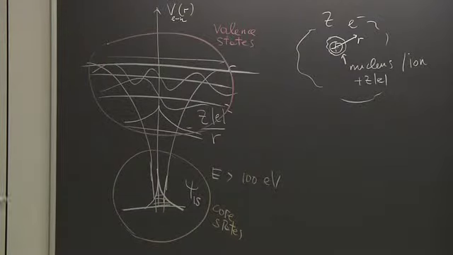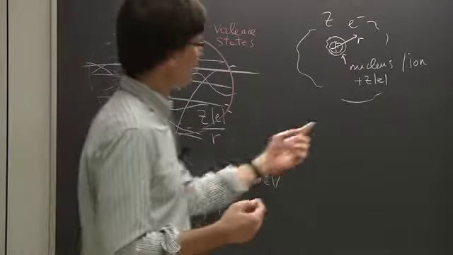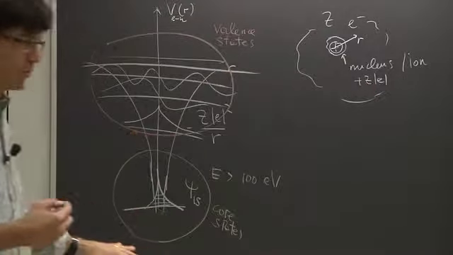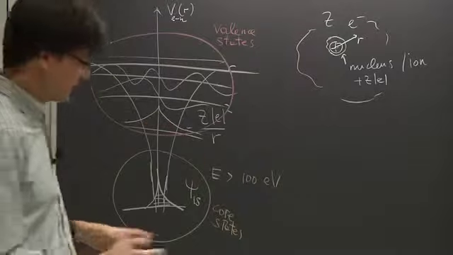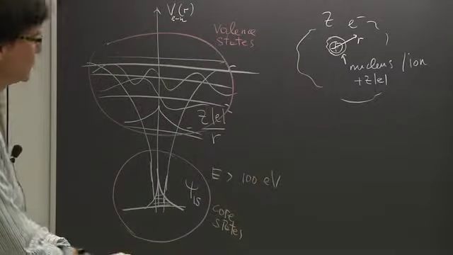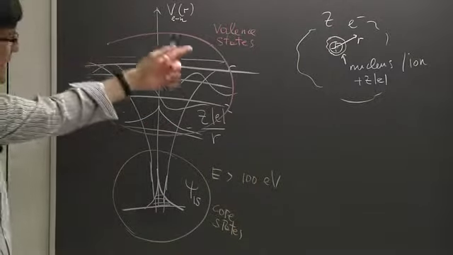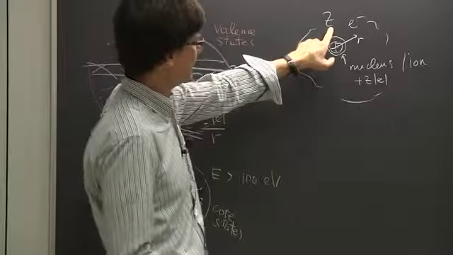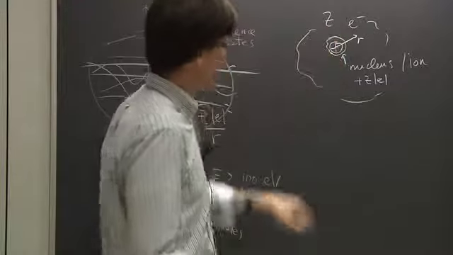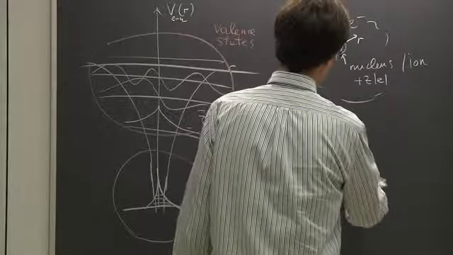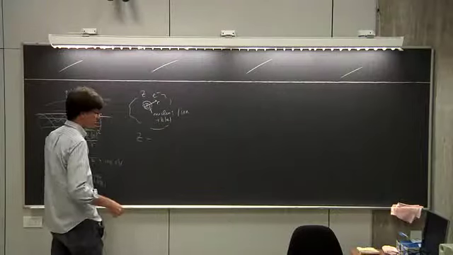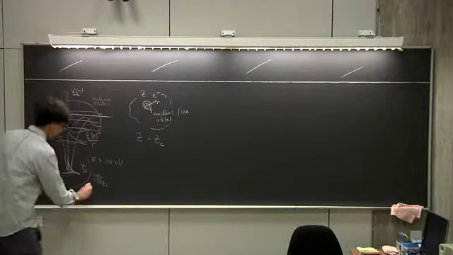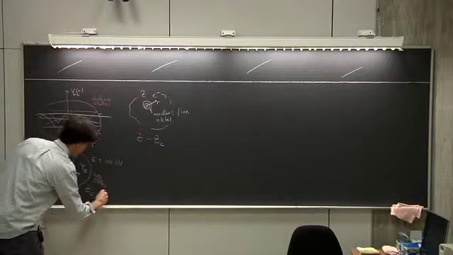So if you are a valence electron, the actual charge that you see, if you can get rid of core states, that is, if you can approximate it with delta functions, you can actually say that valence states see a Coulomb potential which is not that of the nucleus only, but it's given by the charge of the nucleus, that is the Z of the element, minus the number of electrons in the core. So here you have ZC core electrons.